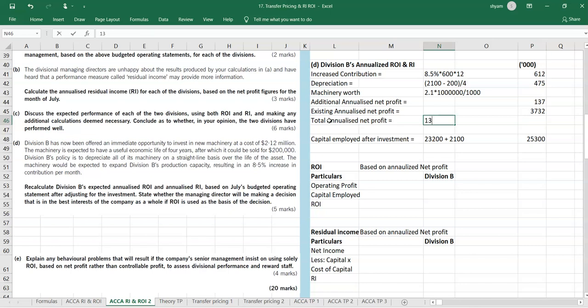So here we can add 137 plus 3732. So we got both the numbers. This is our numerator and this is our denominator. So let's get the answer.